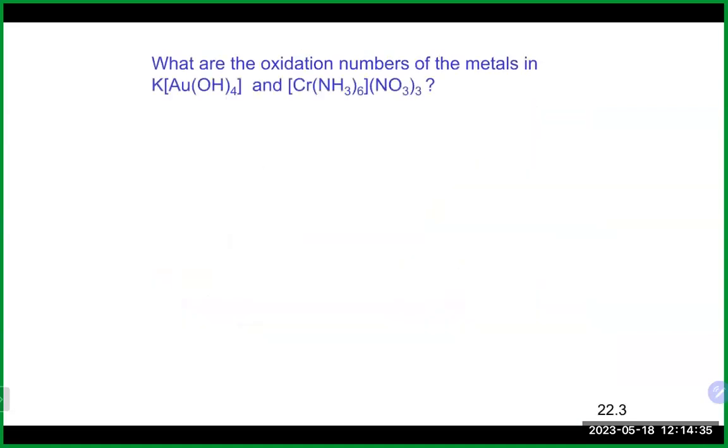All right. So let's start with what is the oxidation number of the metal in each of these coordination compounds. And by the way, typically speaking, the complex ion a lot of times is written in the brackets. So why don't you take a moment here and figure out the oxidation state of the metal in the complex ion part for each of these.